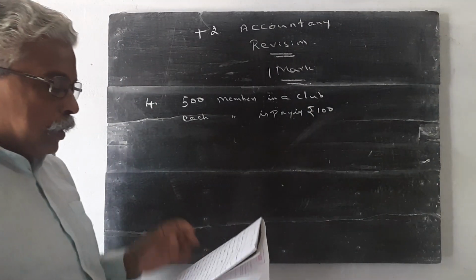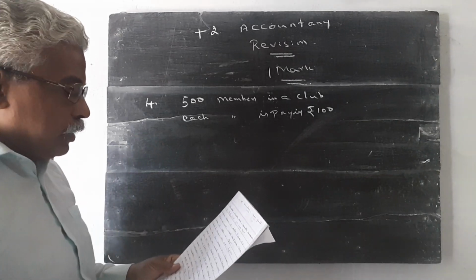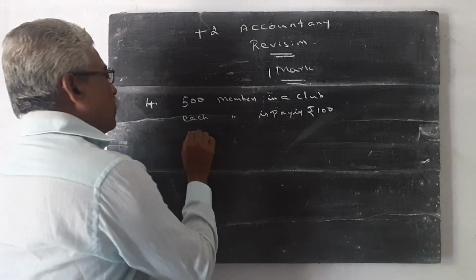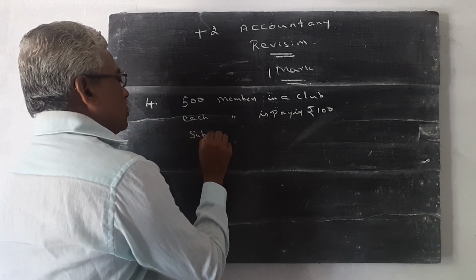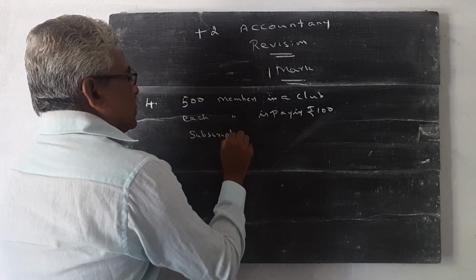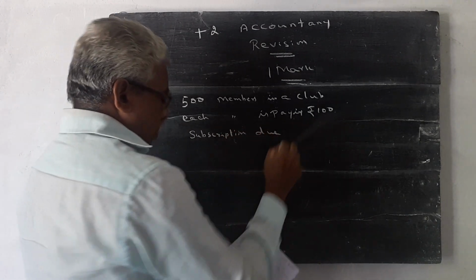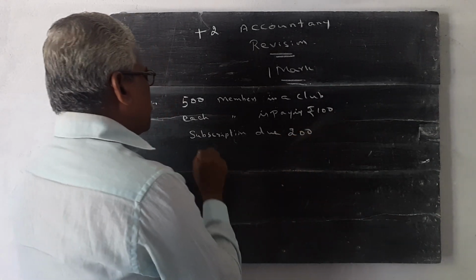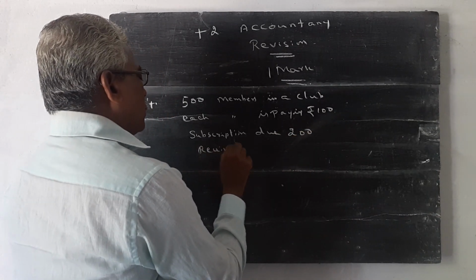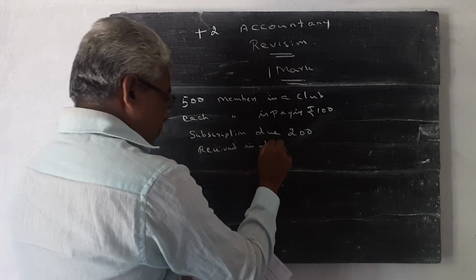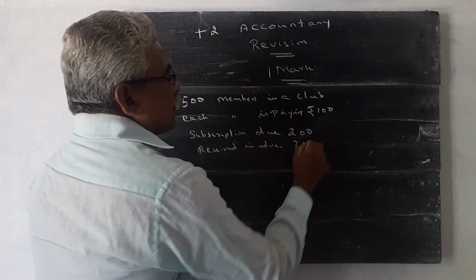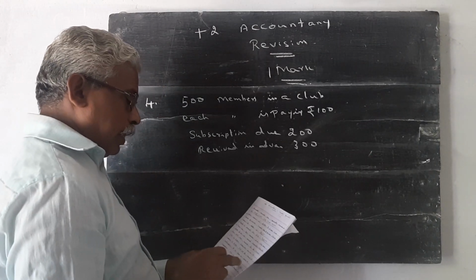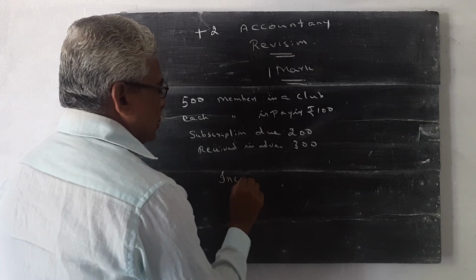Subscription due but not received is rupees 200. Subscription received in advance 300. How much amount of subscription is shown in the income and expenditure account?